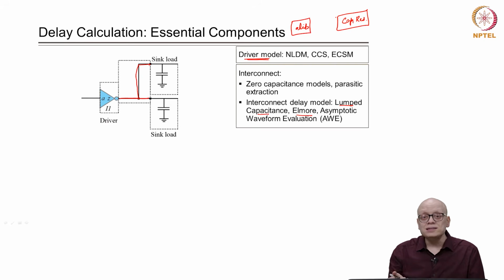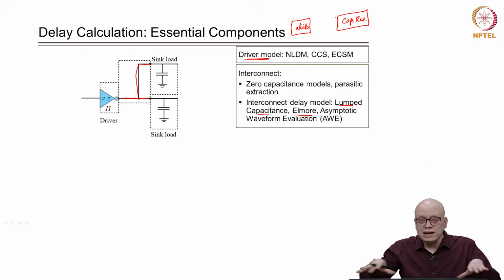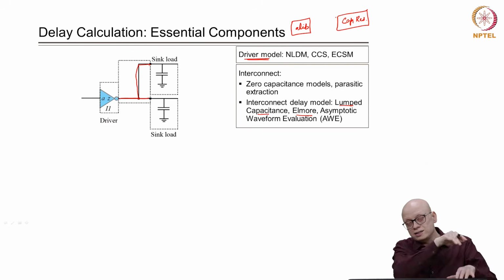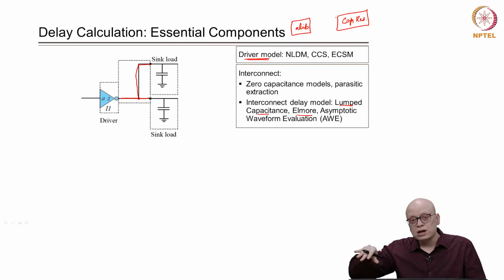The capacitance and resistance of the interconnects are typically extracted if we have a layout in which the interconnects are laid out.